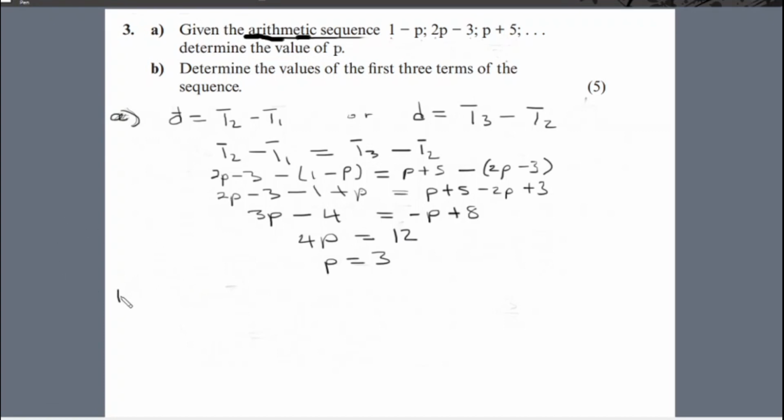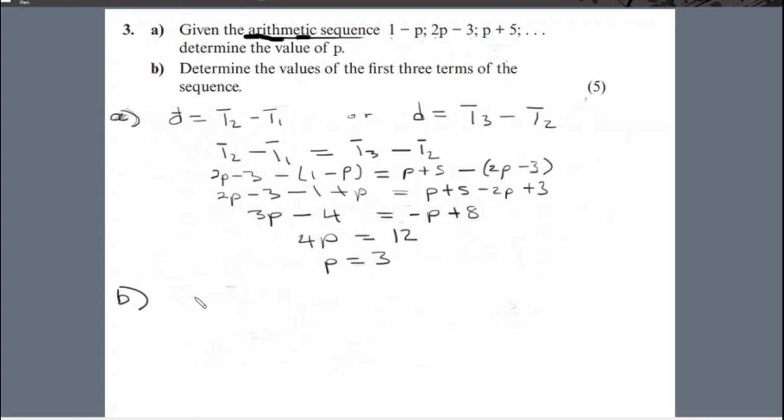And then question B asks to determine the values of the first 3 terms of the sequence. Because now we have the value of p, we will substitute the value of p, which is 3, into our sequence here. So wherever you see p in this sequence, you will put 3.